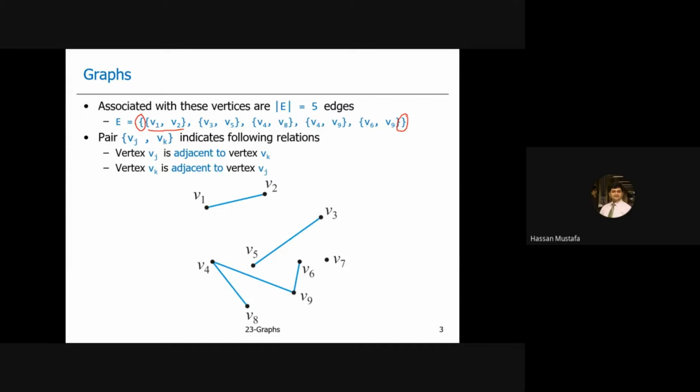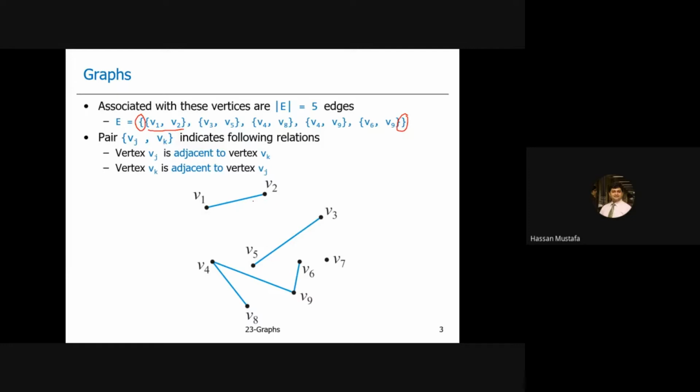This tuple that further has two elements represents that V1 and V2 are actually associated with each other, and we should have an edge when we draw this graph on paper. So V1, V2 are connected, V3, V5 are connected. So you see there is an edge here. Then V4 and V8 are connected, and so on. We have these tuples for every edge in the graph.